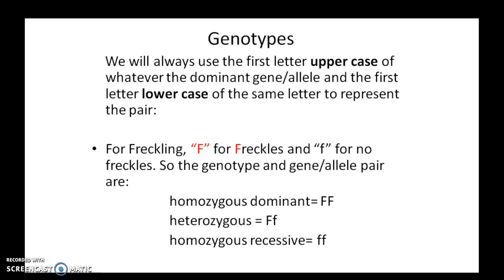So for example, if we're talking about freckling, we're going to use the letter F for freckles and little f for no freckles. So the genotype homozygous dominant would be two capital F's, heterozygous would be a capital F and a lowercase f, and homozygous recessive would be two lowercase f's. Those would be our genotypes, or the types of genes we show.